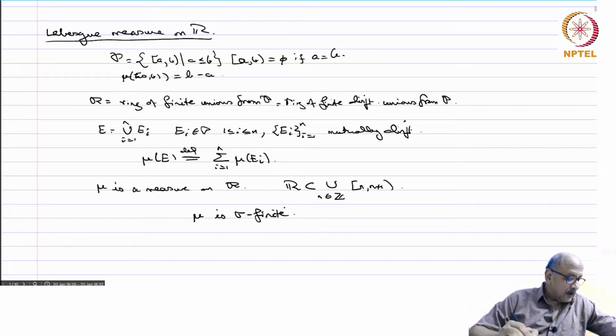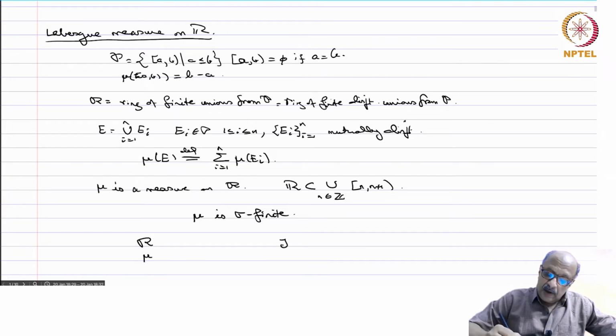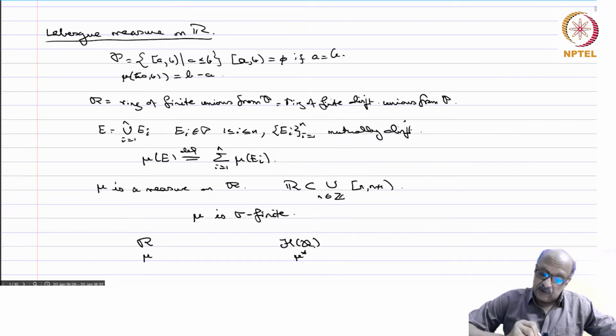So now we are ready to bring about the method of Caratheodory. So we have here R, and its measure is mu, and then we have the hereditary sigma ring H(R), and there we have the natural outer measure mu star.